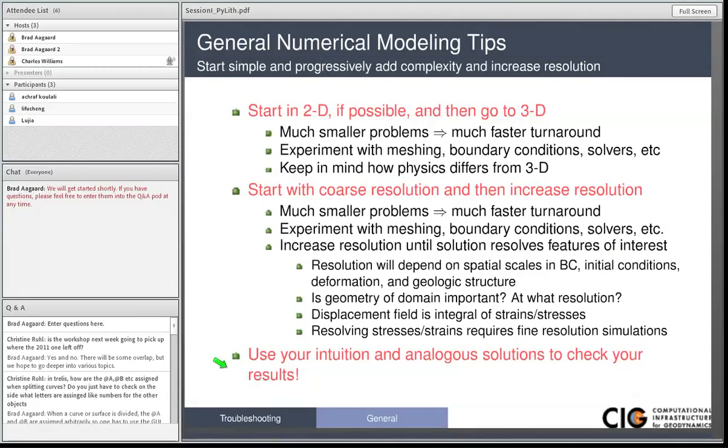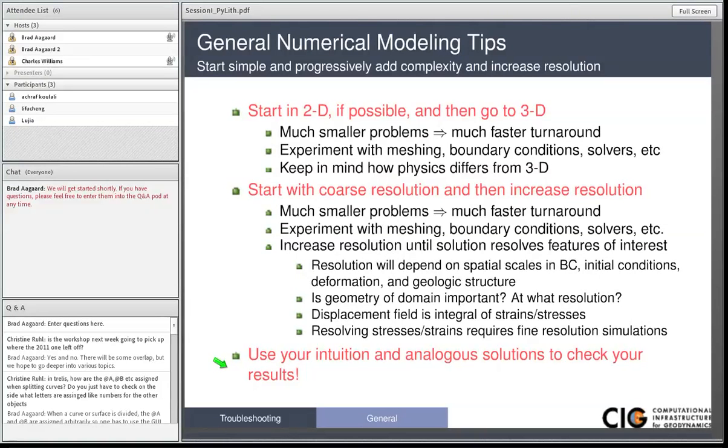The reason for this is that in 2D you can use much smaller problems, so you have a faster turnaround between tweaking input parameters and looking at the results. It allows you to experiment with meshing, boundary conditions, solvers, etc. But obviously, it's important to keep in mind how the physics might differ in 3D, so that what you develop in 2D will carry over into 3D.